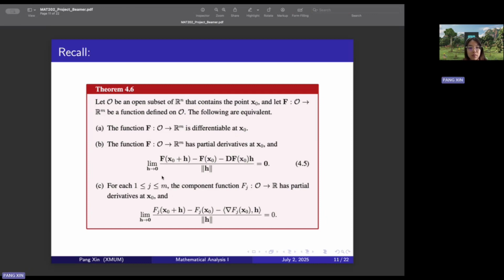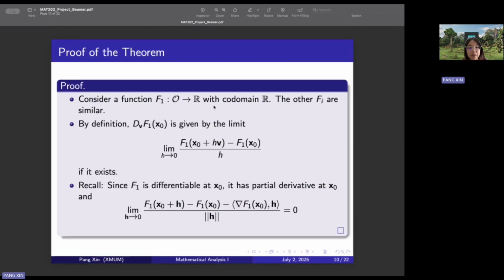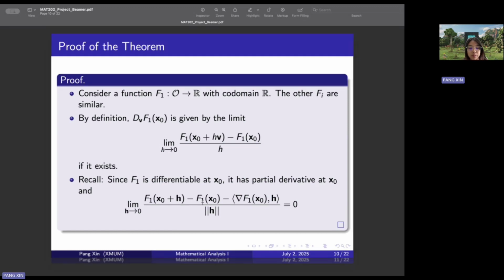Like here, if f is differentiable at x naught, the component fj has partial derivatives at x naught, and we can write something like this. So come back to here. Since f is differentiable at x naught, the component f1 is differentiable at x naught and it has partial derivatives at x0. We can write the limit equals 0.